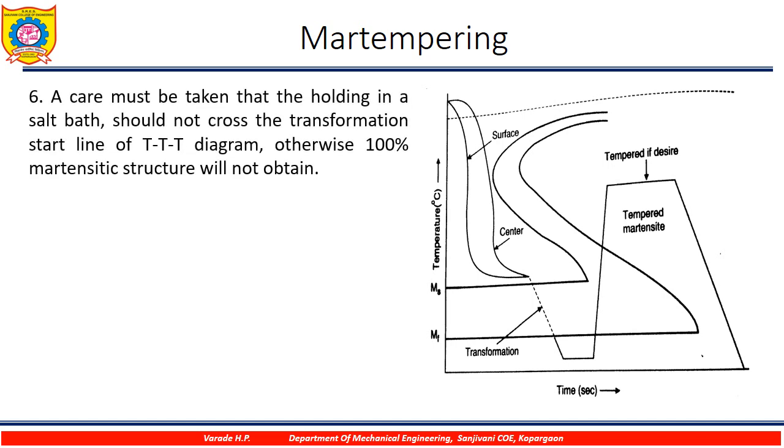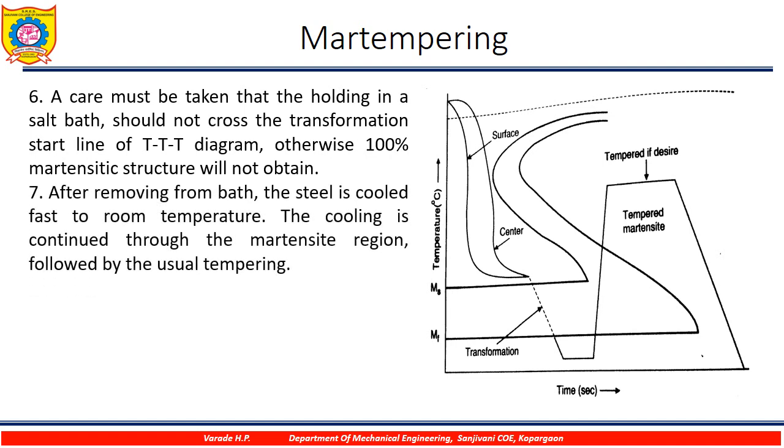A care must be taken that the holding in the salt bath should not cross the transformation start line of the TTT diagram, otherwise a 100% martensitic structure will not be obtained. After removing from the bath, the steel is cooled fast to room temperature.